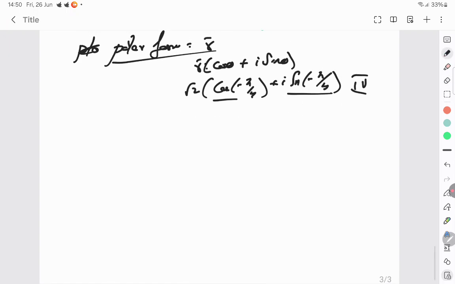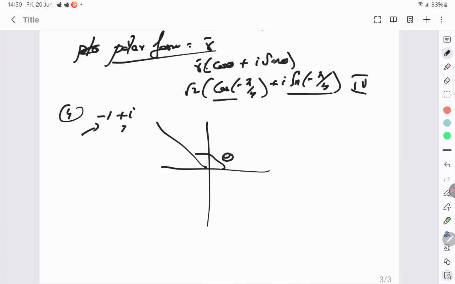Okay, so let's go to the next sum, fourth question. Minus 1 plus i. Negative x coordinate, positive y coordinate. This is theta, this is alpha. Tan alpha is mod of b by a, which is 1 by 1, which is 1. Alpha is pi by 4. Theta is equal to pi minus pi by 4, 3 pi by 4.